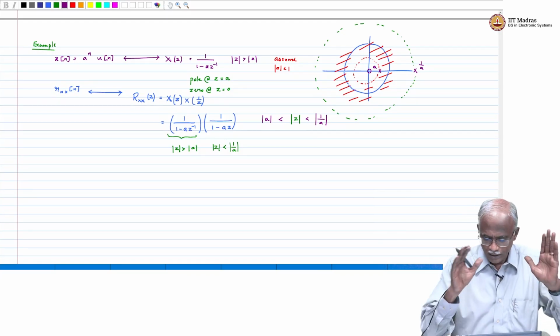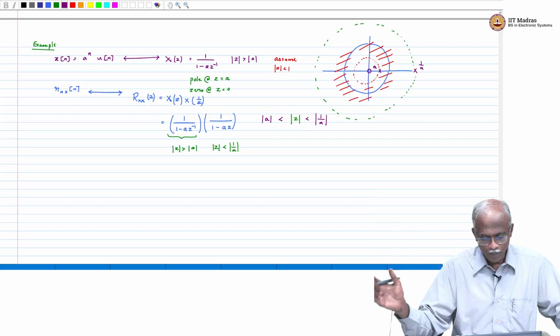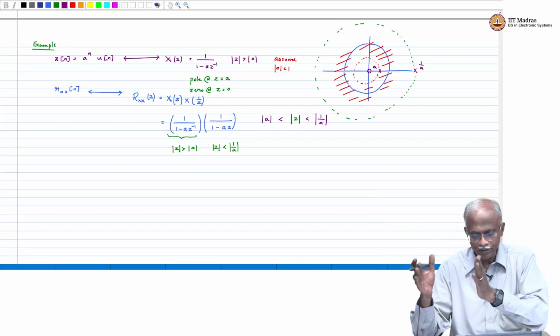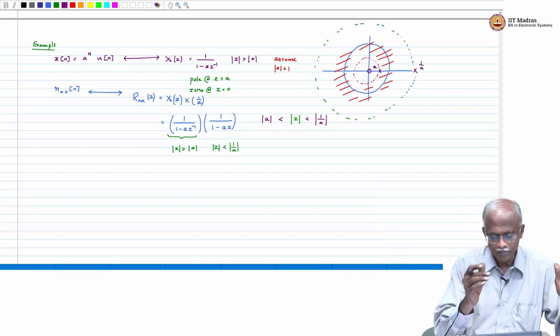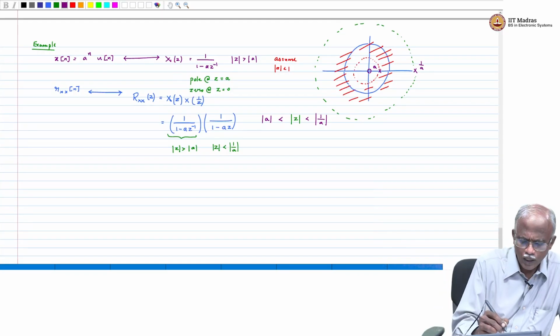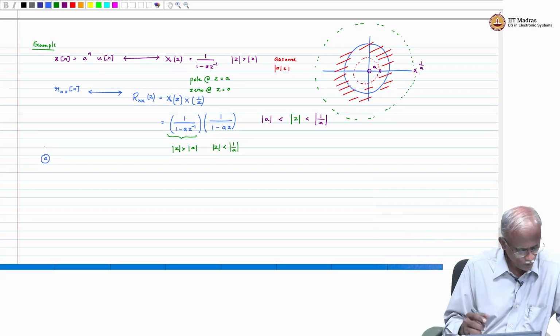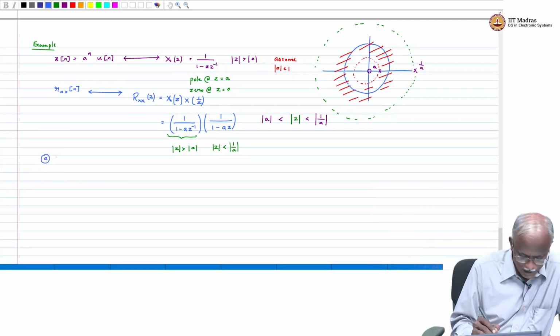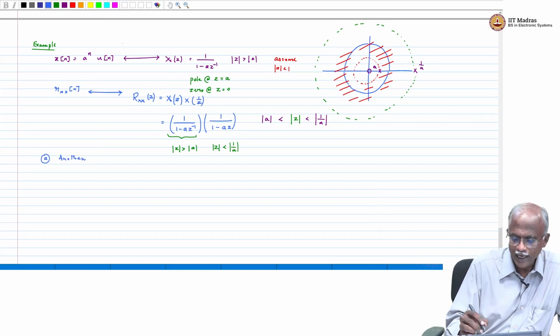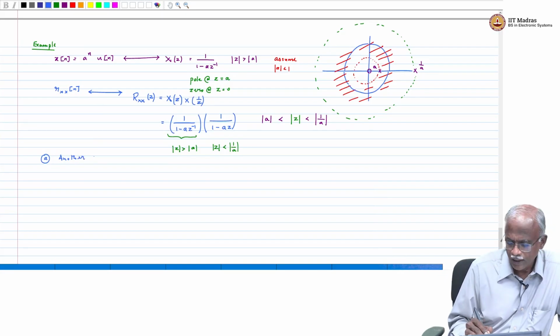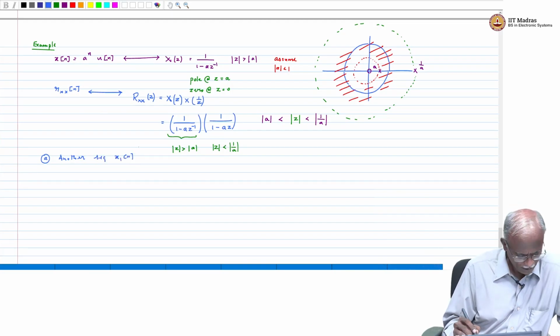Again, a very simple example. All we wanted to emphasize was how you get the expression for the autocorrelation and then give the interpretation. Now, there is an extension to this question. Give me another sequence x1 of n that has the same autocorrelation function.